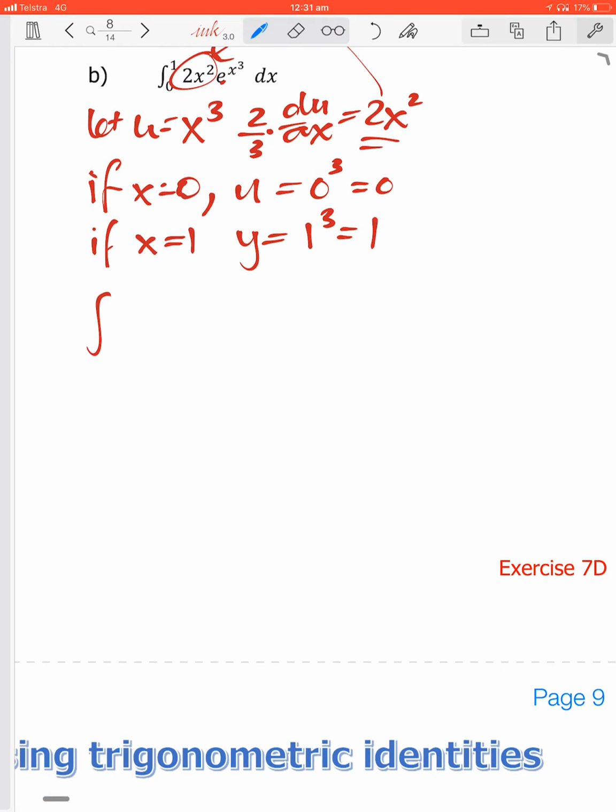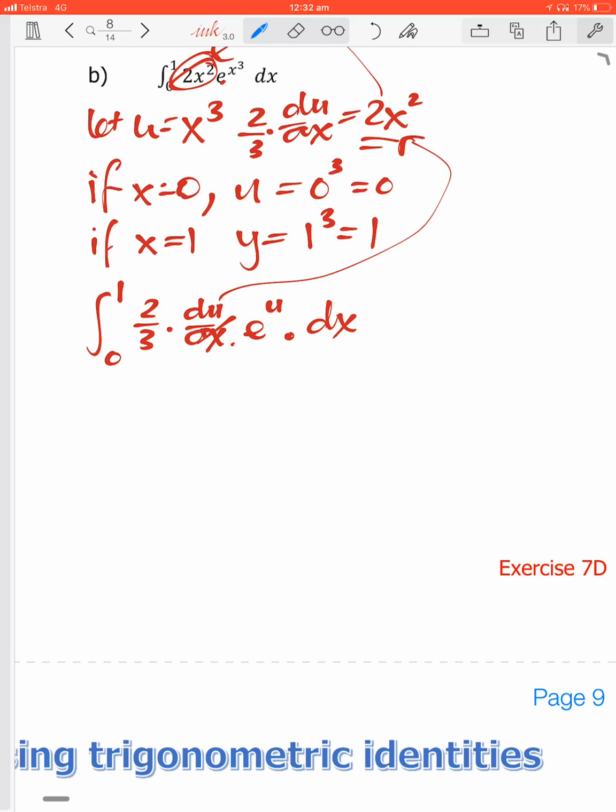Therefore, the integral from 0 to 1, 2x squared, we know is 2/3 du dx from up here. We know that e will be the same, but instead of being to the power of x cubed, it's to the power of u, and then we've got our dx. Now that will cancel with that. My 2/3 will go out the front as a constant.